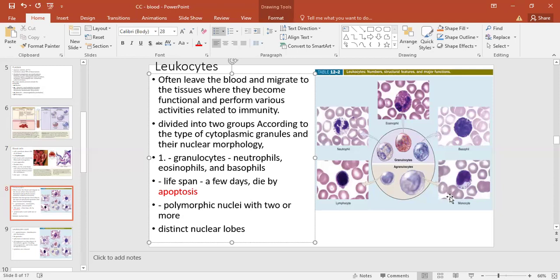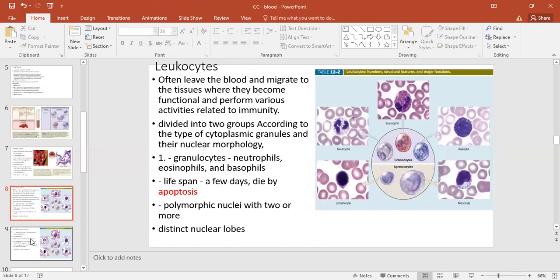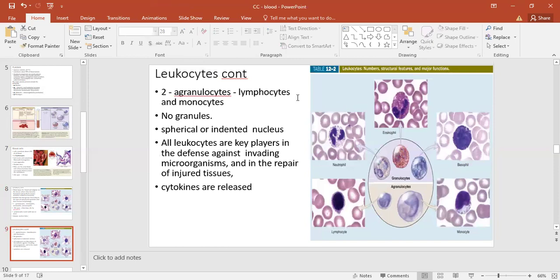That is one of the things that makes them different from the agranulocytes. Then we have the agranulocytes, with no granules. The nucleus is one.